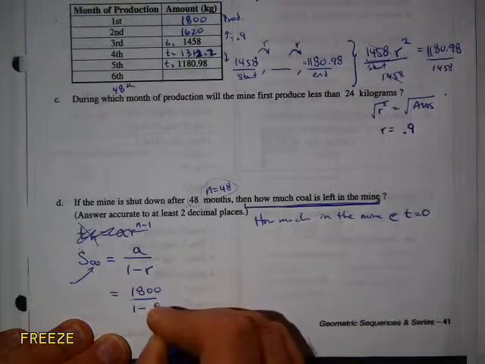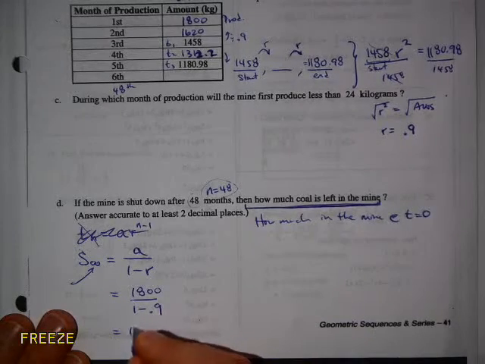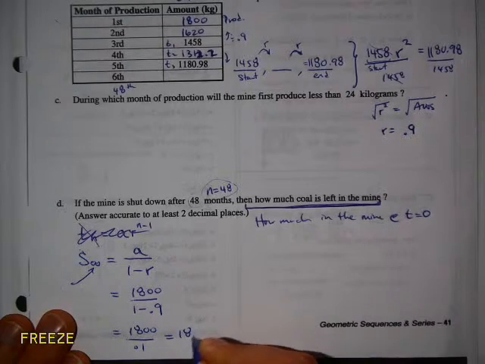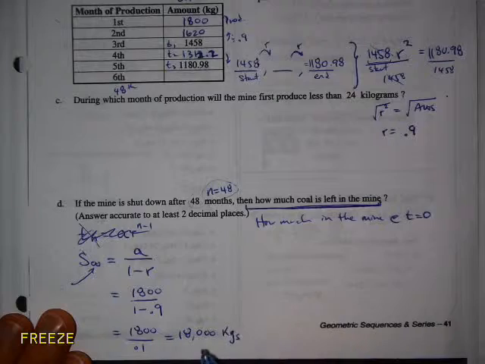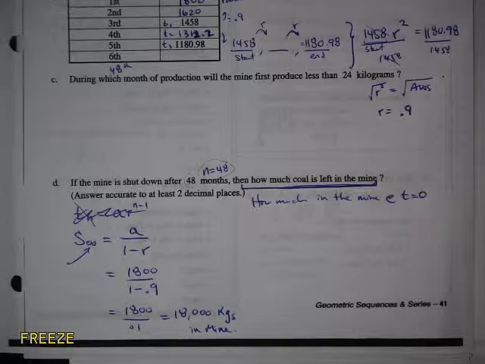And we're taking away the 90% that's left over. We're going to have 1800 divided by 0.1 is 18,000 kilograms total in the mine. That's how much total potential mining is available.